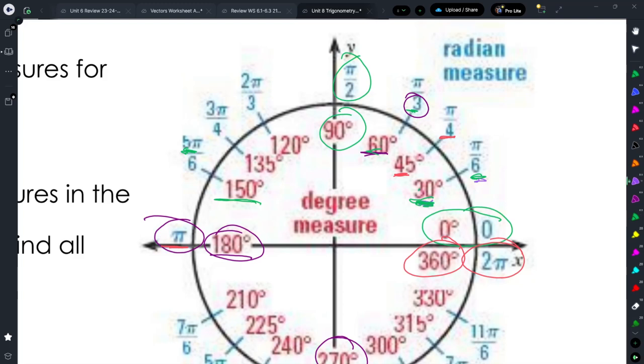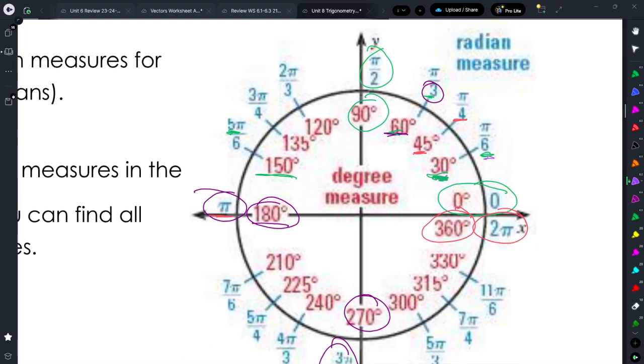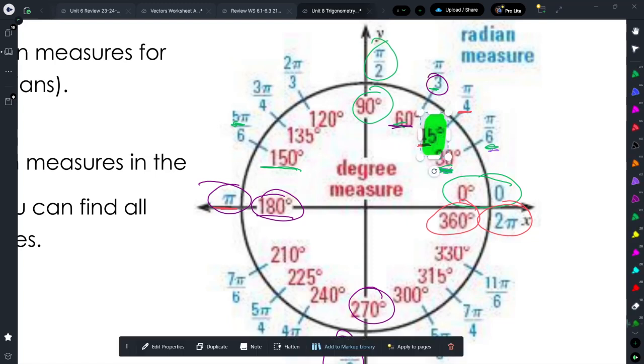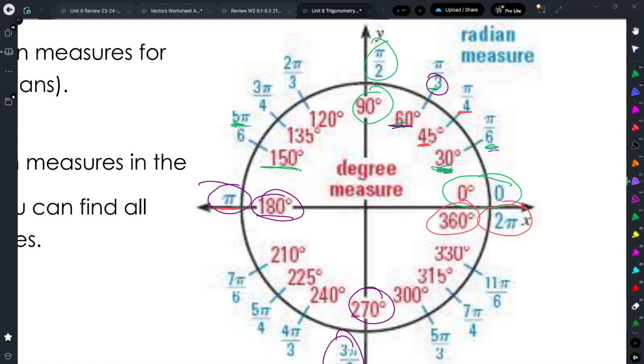So it's something that we're going to be exposed to a lot this unit, and it will become easier to memorize these. You may notice that all of the angles that end in a 5 have a denominator of 4.